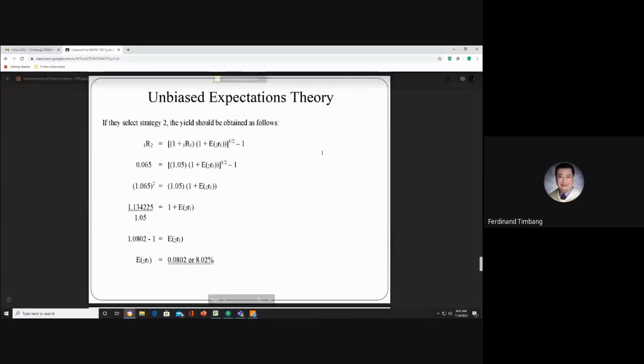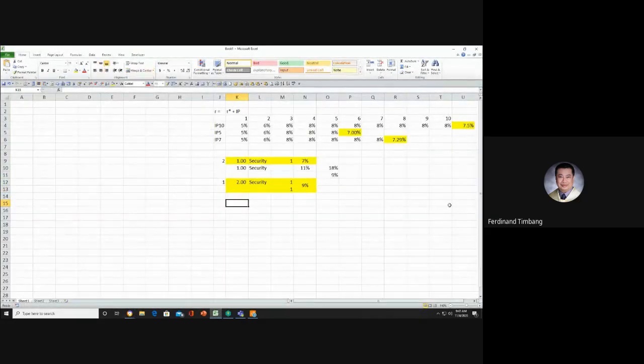Ulitin natin, ha. Ang ibig sabihin ng 1R2, sulat natin sa Excel para maliwanag, ha. Meron tayong 1R2. Hindi ko na lang malalagay ng subscript dito, nasa Excel, ha, 1R2.